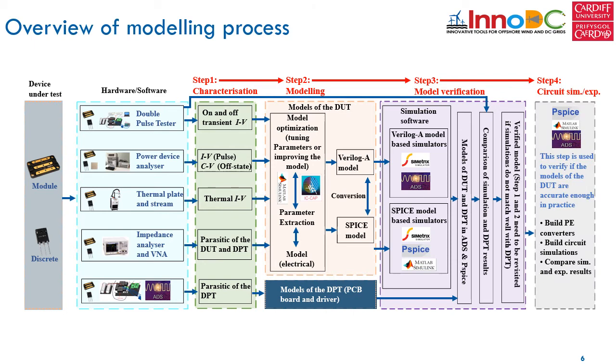And if the model is accurate enough, we can go to the final step to simulate the power electronic converter using the model to evaluate the power losses and EMI of the converter. The simulation results can also be compared with the experiment to further verify the model.